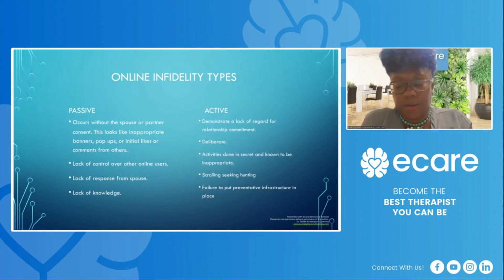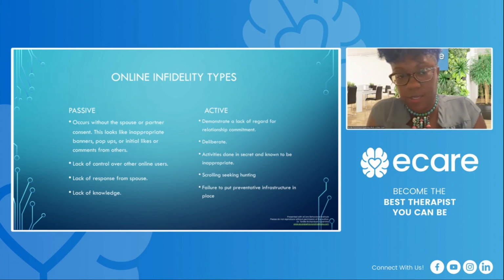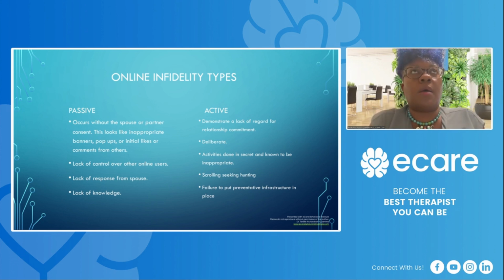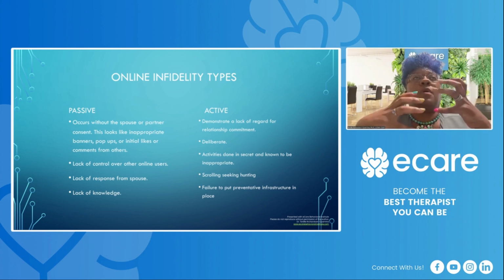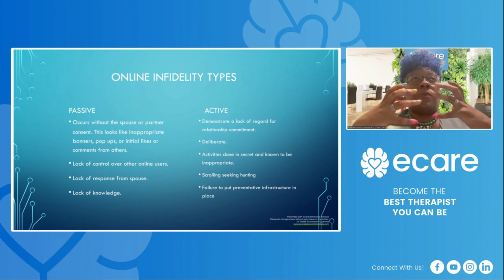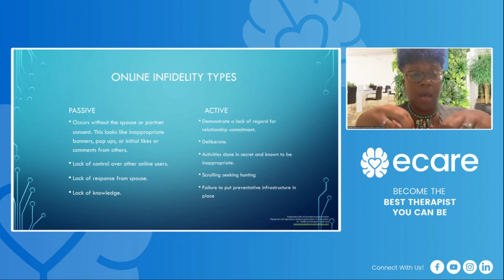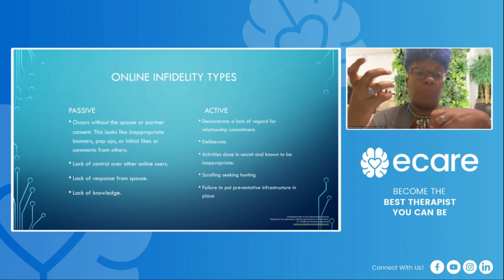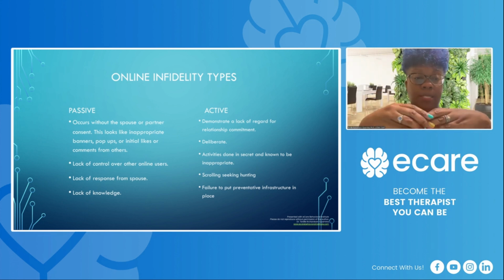Different types of online infidelity. One of the things that I saw in my research, I was working with clients who were engaged, not yet married, but in that process of seeking premarital counseling. And I was really researching ways for them to add this particular topic to their premarital counseling process.